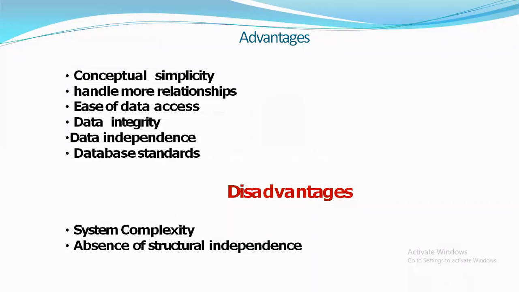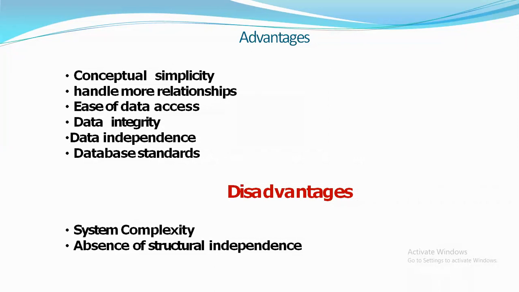We know that a linked list is a very difficult process for implementation, so the system is very complex. Next, absence of structural independence: there is no structural independence, because we are using links. If one link fails, the entire process fails. So these are the disadvantages of the network model.